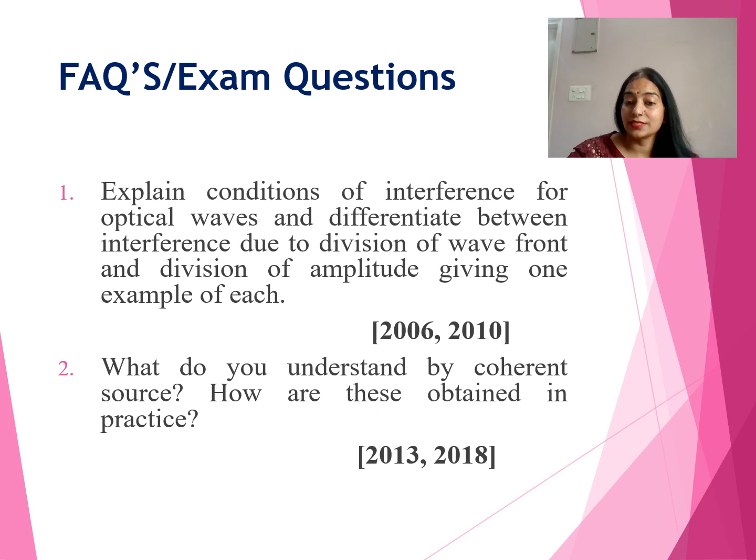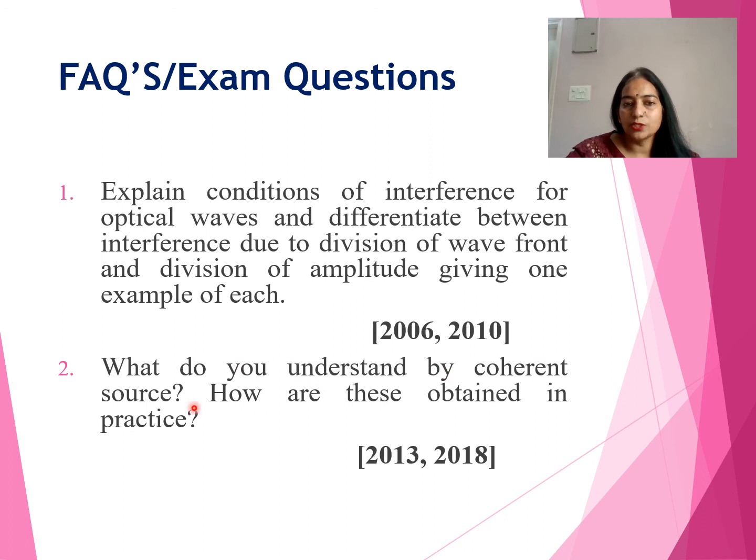We discussed interference in thin film, which is an example of division of amplitude. Examples of division of amplitude are interference in thin film of uniform thickness and interference in wedge-shaped film. Examples of division of wavefront are Young's double slit experiment and Fresnel biprism.